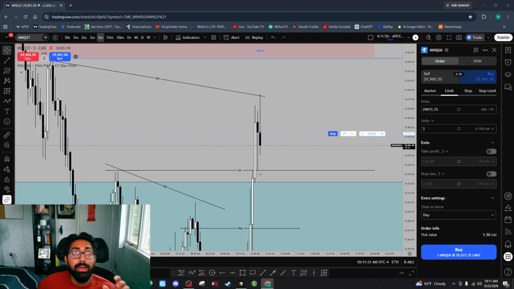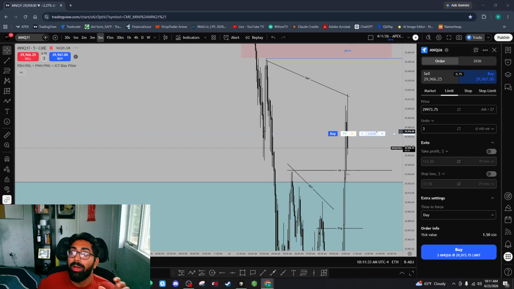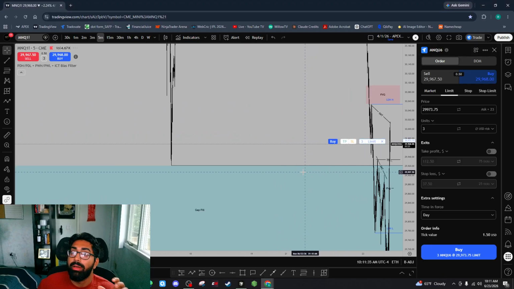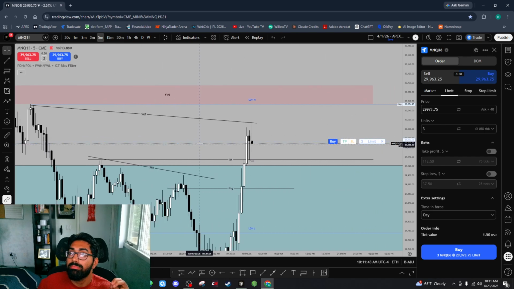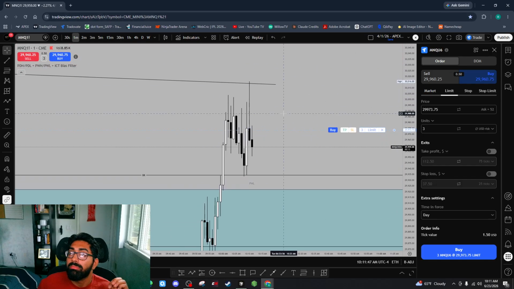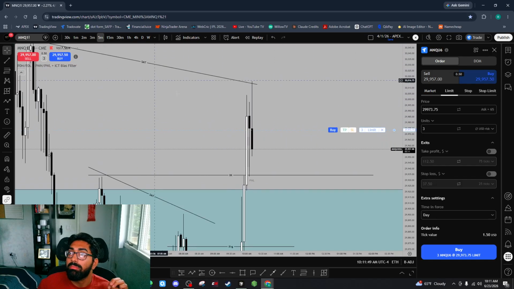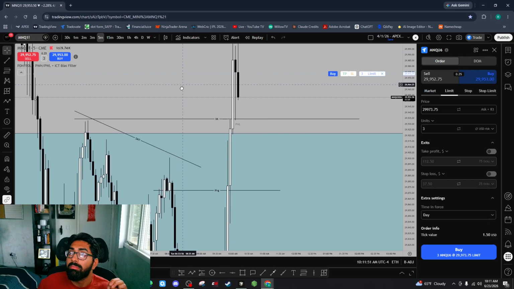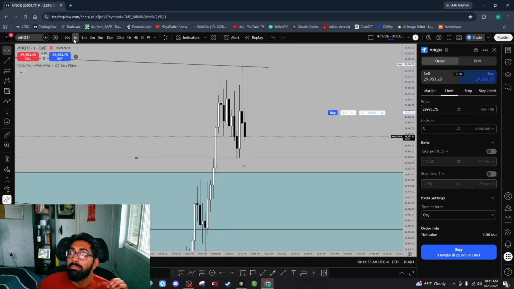Keep in mind that ES has just entered that breaker block territory that NQ has entered, right? ES just retraced back into this level. I would be open to taking shorts right here.